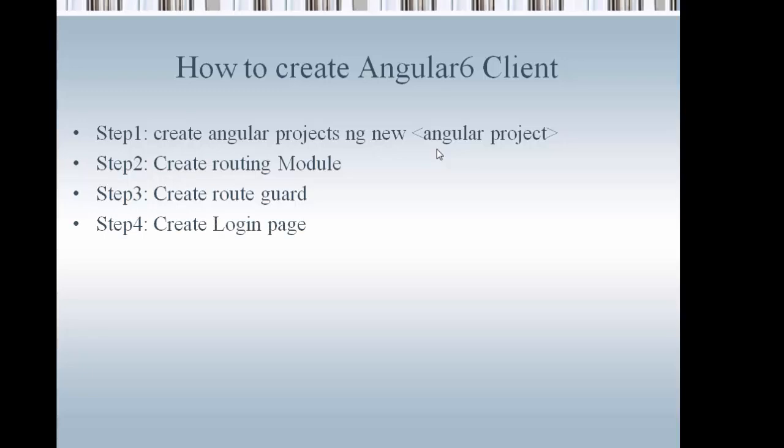Then we will create a route guard, because in the routing module we will use canActivate, and in canActivate we will provide the route guard, so that we will not go to each and every component and validate whether the client has the token or not.